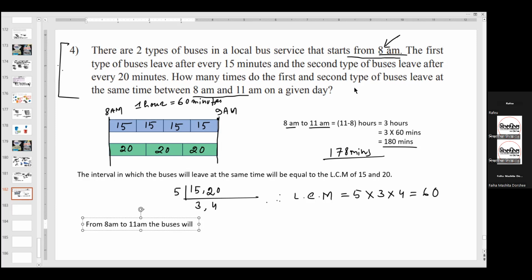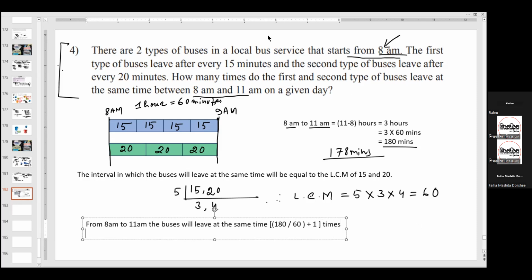From 8 a.m. to 11 a.m., the buses will leave at the same time. 180 divided by 60 plus 1 times, right?